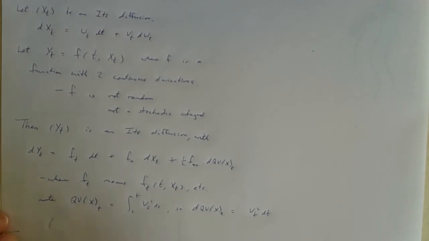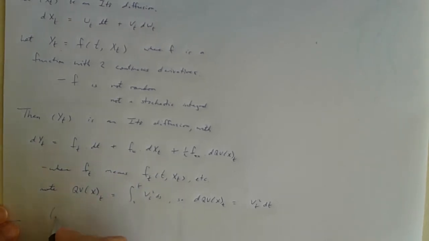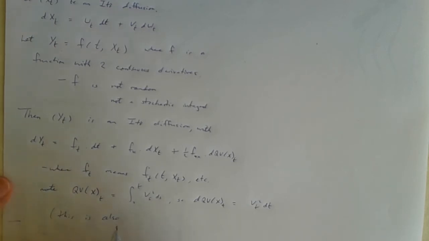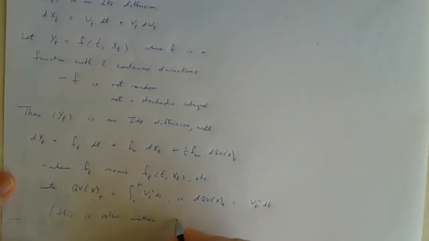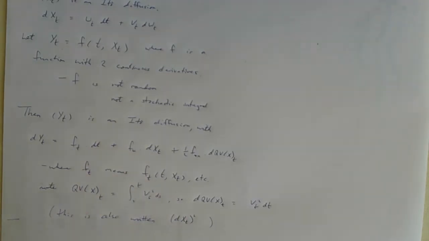Just a note for the future that one other way that this is sometimes written, and I'll be doing this later on as well, is (dx_t) squared, which looks a bit weird, but it makes perfect sense if you remember that the definition of quadratic variation is that you add up over a lot of little subintervals in a partition the squared increments of x.